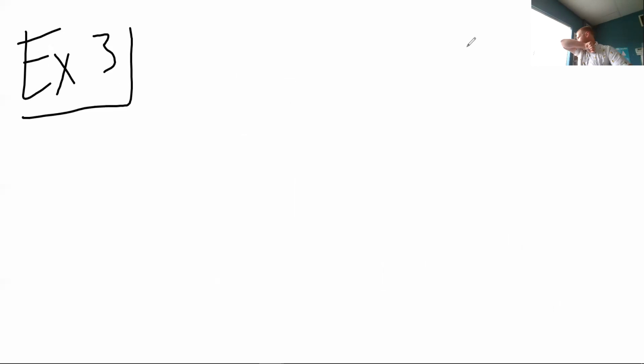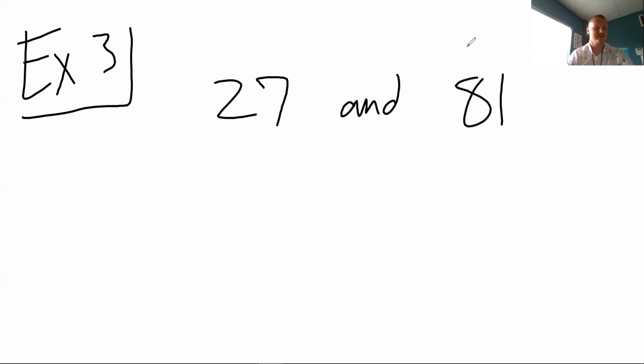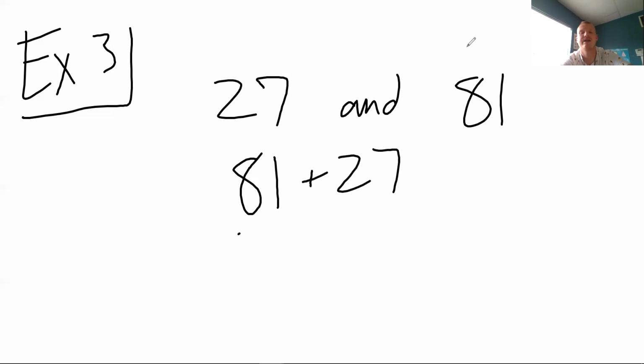All right, example 3. What number is halfway between 27 and 81? Talon, how do I figure this one out? You have to add them together first and then divide by 2.